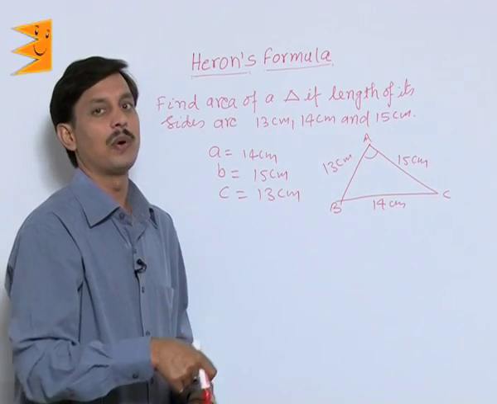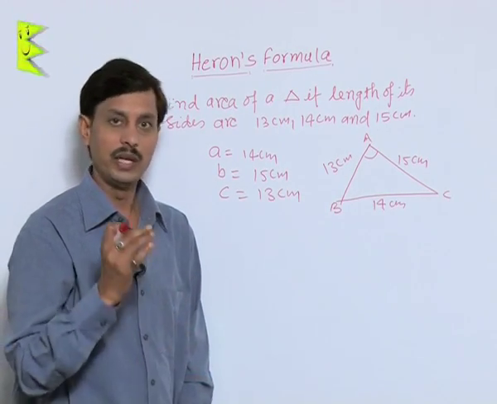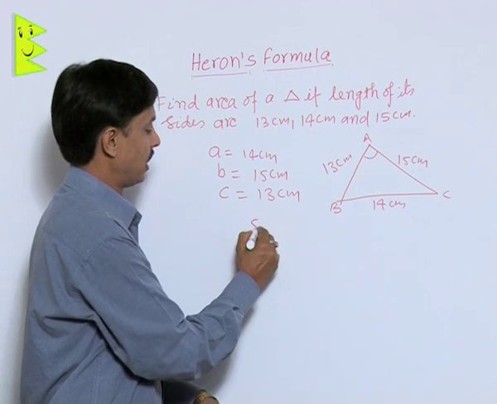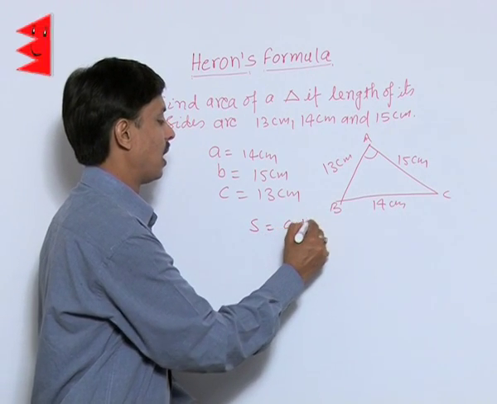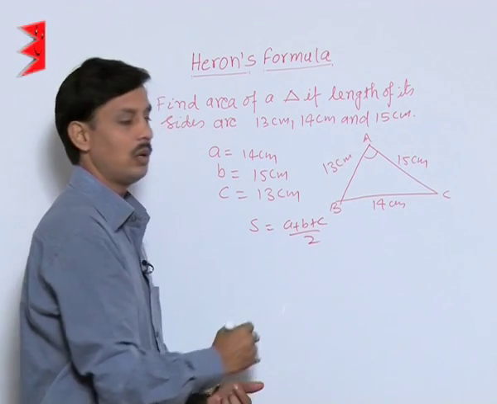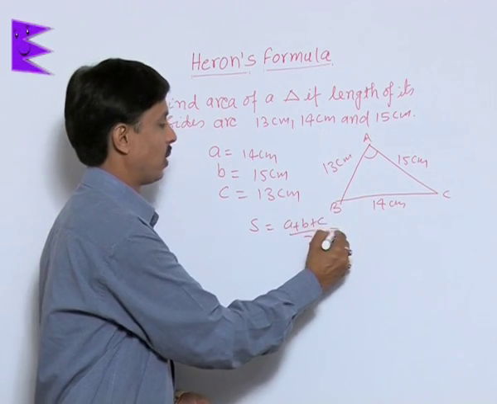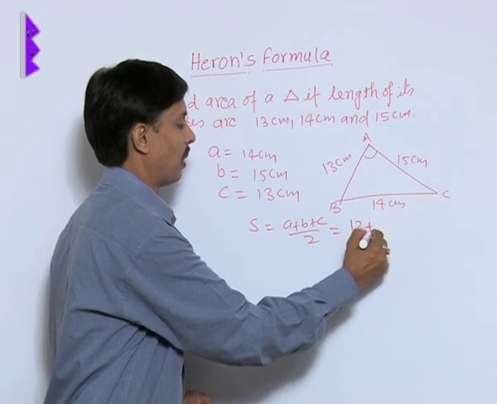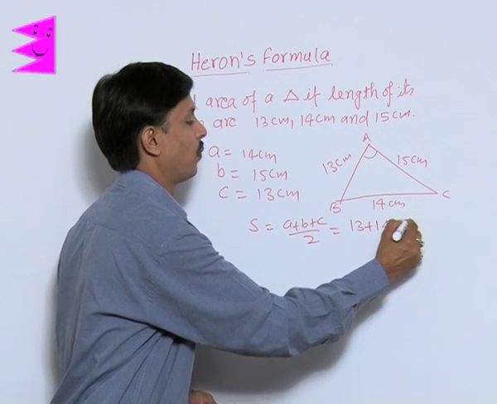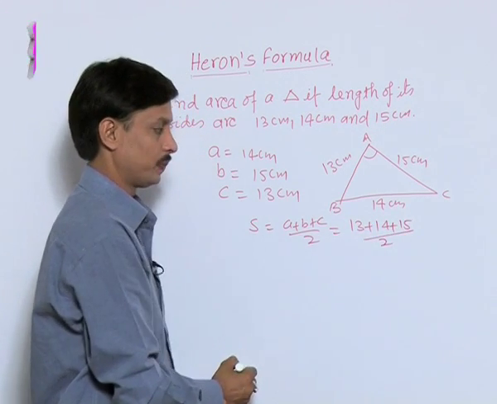To apply Heron's formula, we need what? We need s. s is given by a plus b plus c upon 2. That is 13 plus 14 plus 15 upon 2.